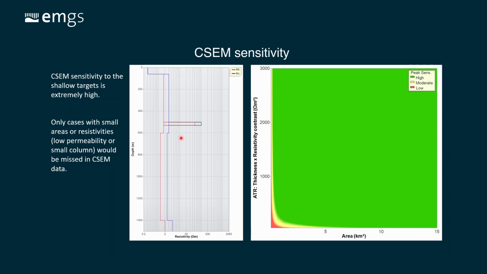And you can see here on the right that anything above, let's say, 1 square kilometer or even less can be detected as long as it contains some resistivity to it. So sensitivity wise, it's extremely high. Though you don't really need this extremely high sensitivity to have a good CSEM project, but in this case sensitivity is really, really high.